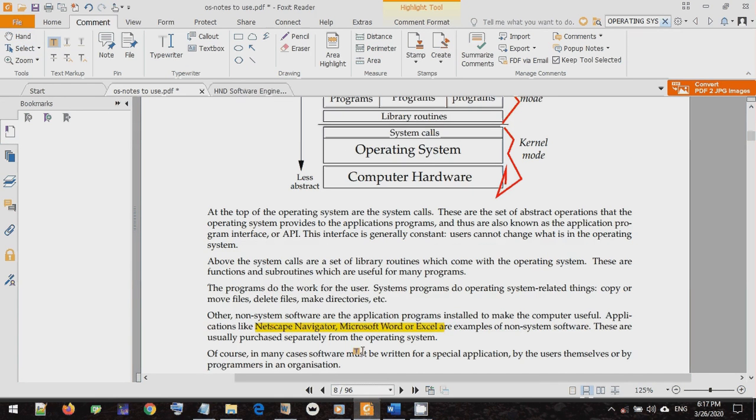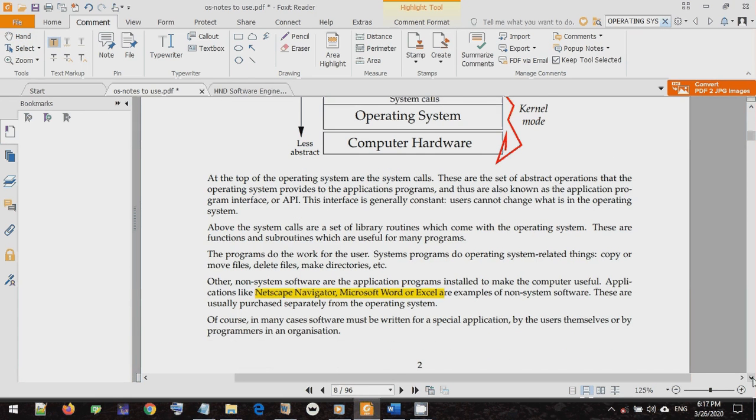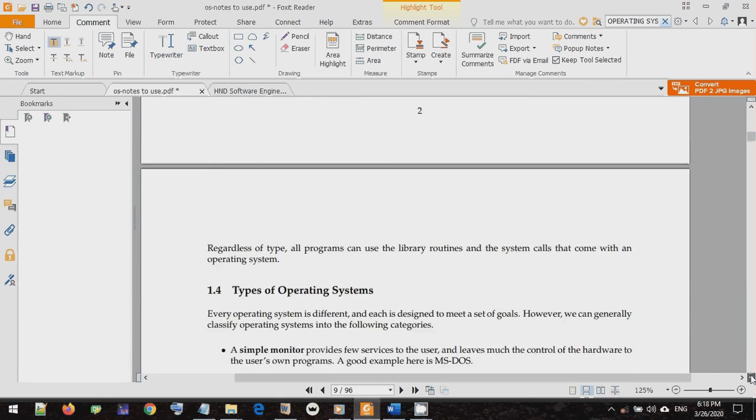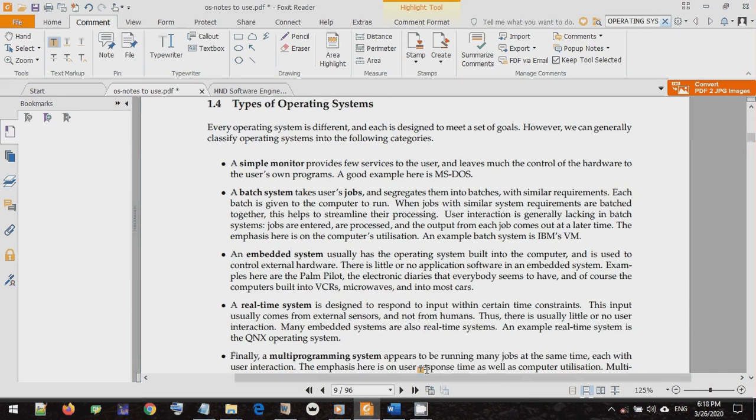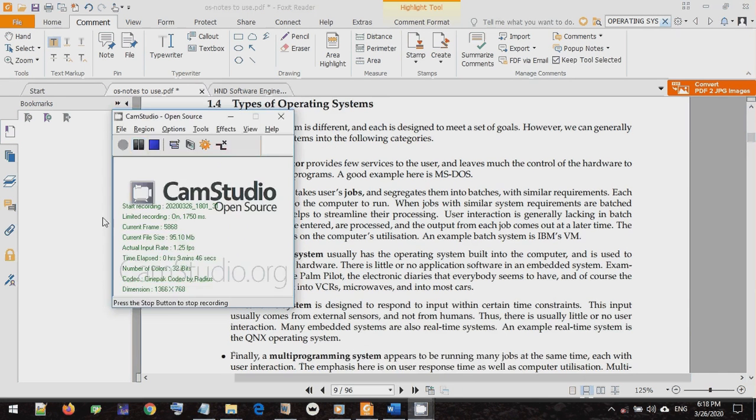Now, there are several forms of application programs. We could have application programs like Mozilla Firefox, Netscape, Microsoft Word, as we earlier said, and Excel. All of these programs are purchased apart from the operating system, and they function just in making the operating system more useful to the user.